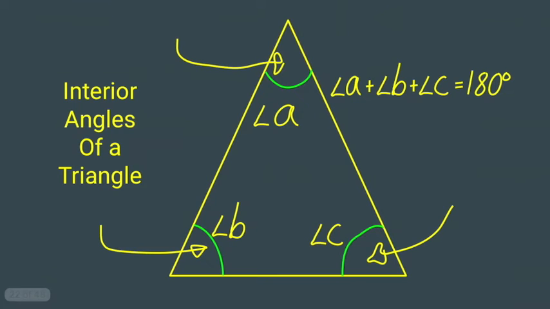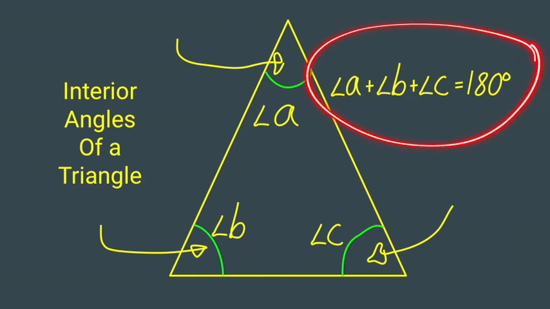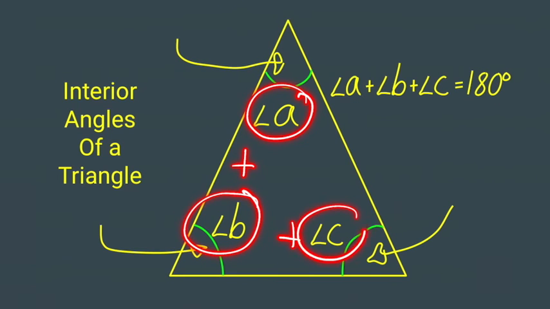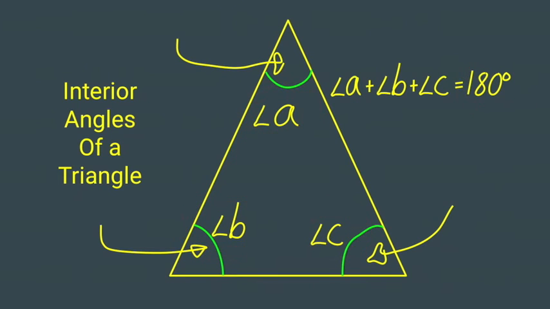So the interior angles of a triangle, this is the rule, total 180 degrees. That means if I add angle A plus angle B plus angle C, it should total 180 degrees.